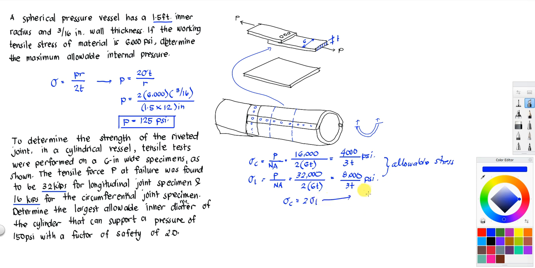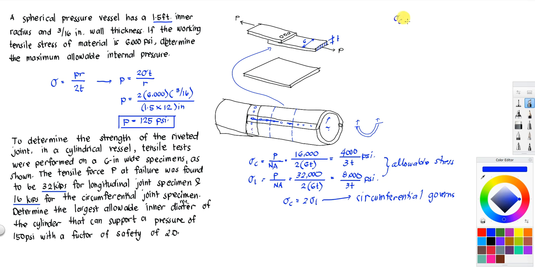This means that the circumferential governs for design. So we will look for the circumferential stress. It must be stronger, because when pressure is applied and the strength of the two is the same, normally it will fail here. So the connection here needs to be stronger compared to the longitudinal. So the formula we will use, of course, is the circumferential stress, because it is more governing.